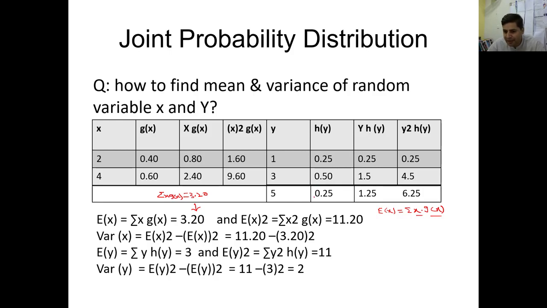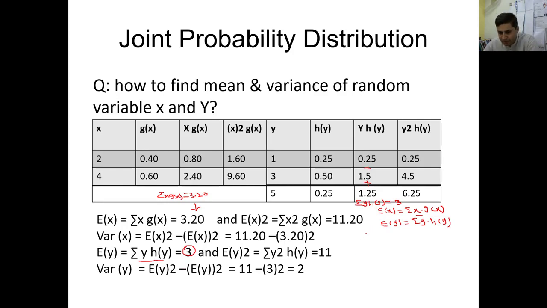We write the mean of the random variable y as summation y into h(y). When you add these, this plus this plus this, it will be equal to 3. So we write this is equal to 3.